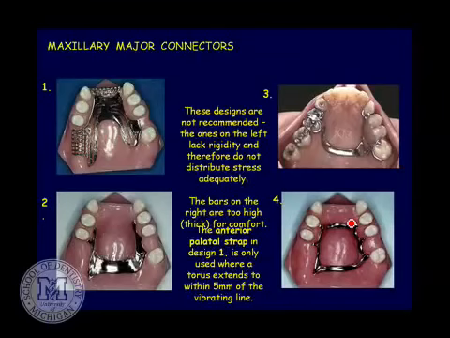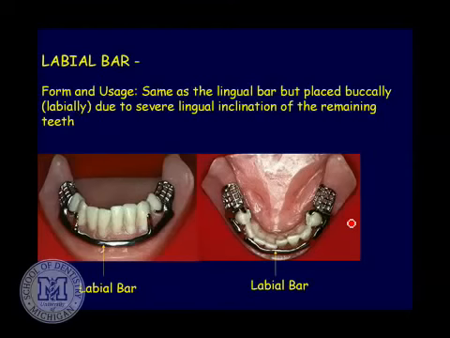Very occasionally and not often, you may use a labial bar. The only time labial bars are typically used is if we really need to do a partial denture. And this one isn't the best example that they made, but we have some few in which a person has a class 3 jaw tendency and their lower teeth all seem to just lean lingually. You'll see some of these people that seem to have a big pronounced lower jaw.